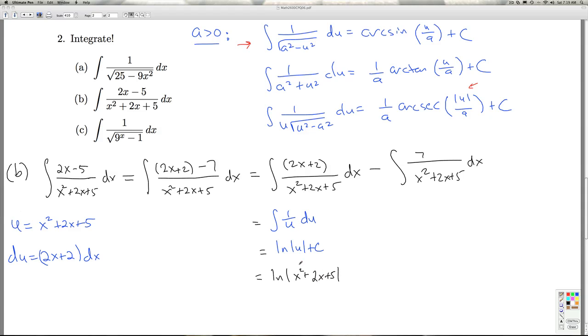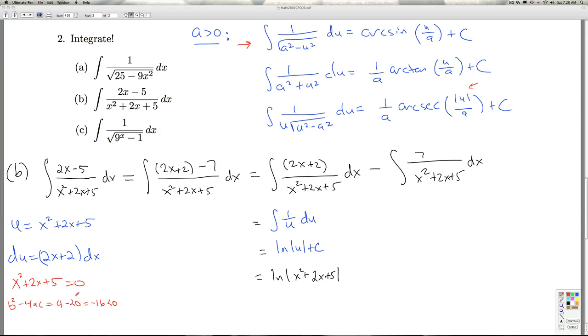And now the question is, can this thing ever be negative? Do I really need the absolute values? And I can go over and check out the discriminant of this guy, because if I set it equal to 0, just to see, b squared minus 4ac is going to be 4 minus 20, which is negative 16, which is less than 0.